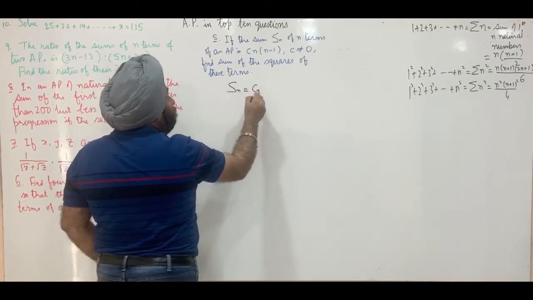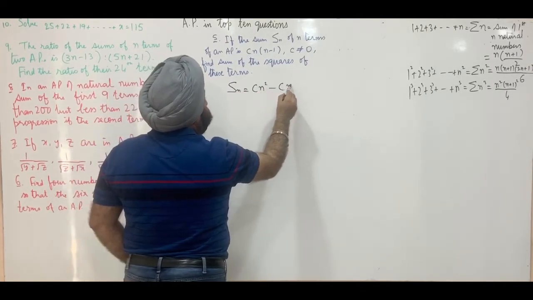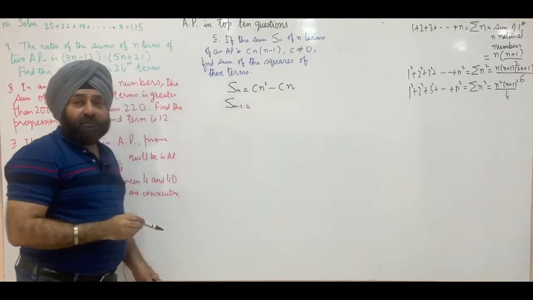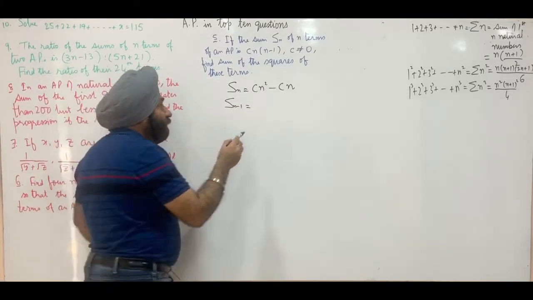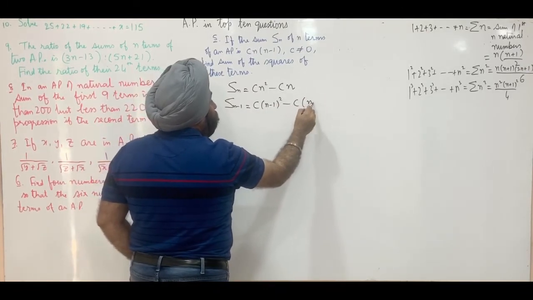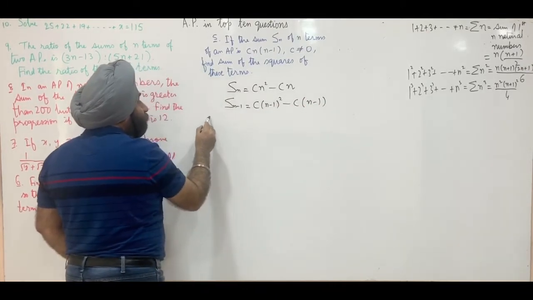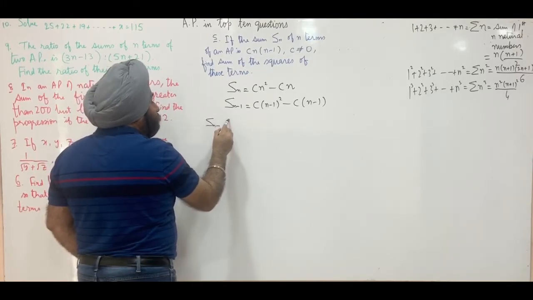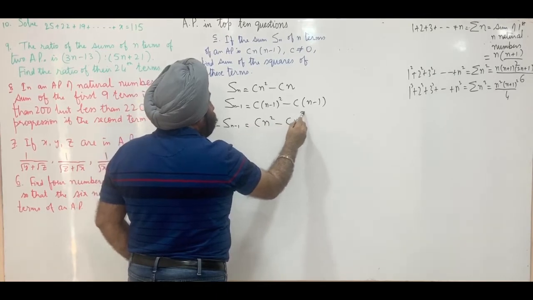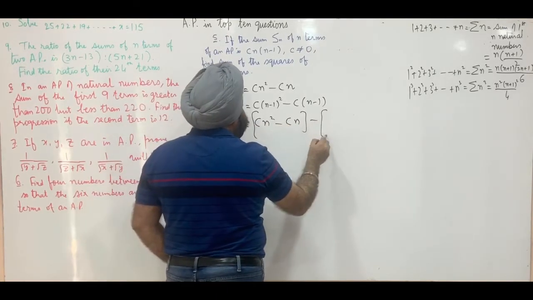So sum of n terms is Cn square minus Cn. We find out sum of n minus 1 terms by replacing n by n minus 1. So this is C into (n minus 1) whole square minus C into (n minus 1). Now we subtract. Sn minus Sn minus 1 is Cn square minus Cn, and minus this.